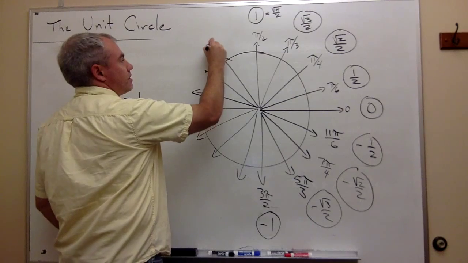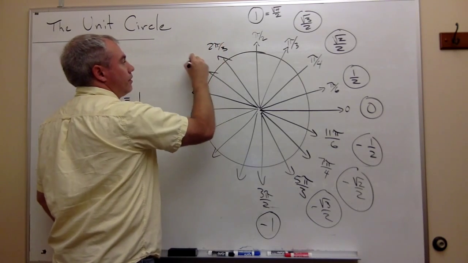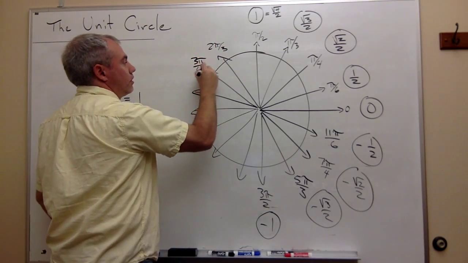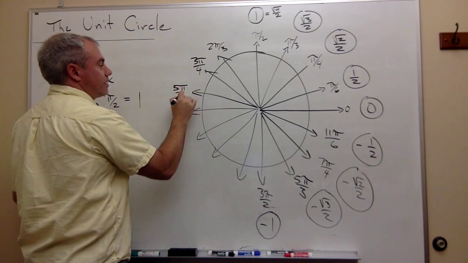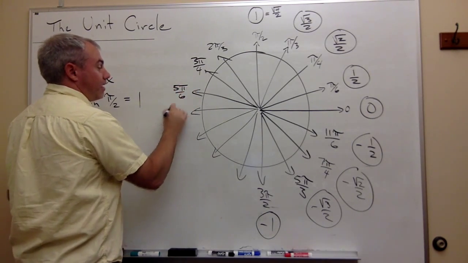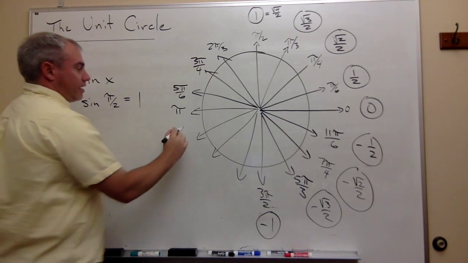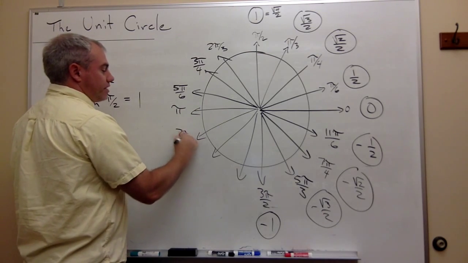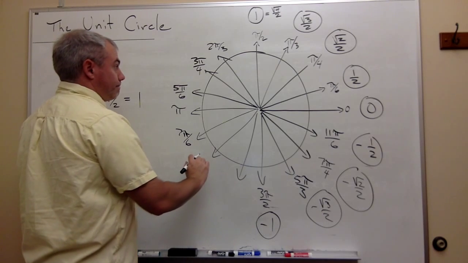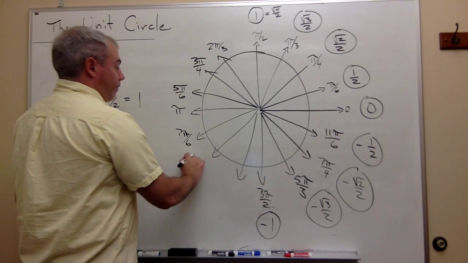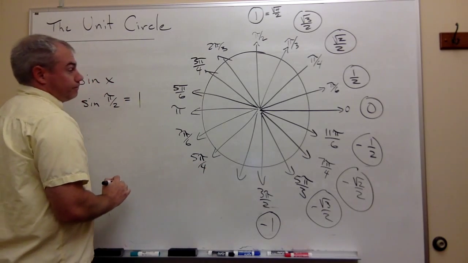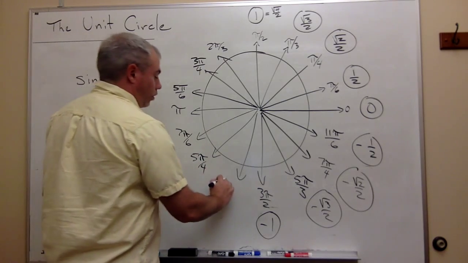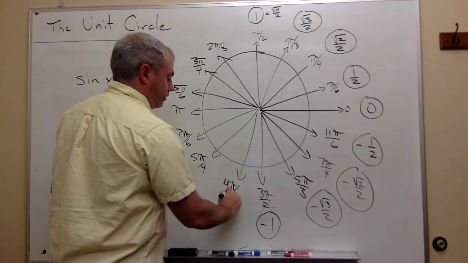What would this be? This is 2 pi over 3, 3 pi over 4, 5 pi over 6, and pi. And then we've got 7 pi over 6, 5 pi over 4, 4 pi over 3.